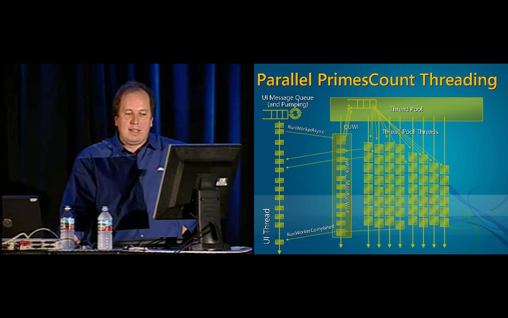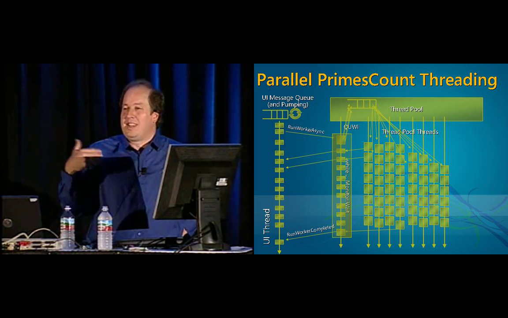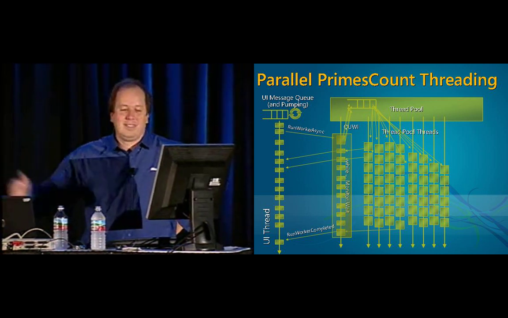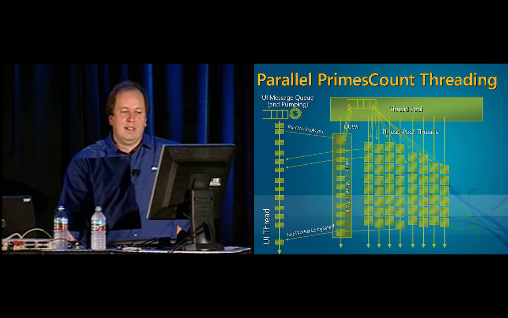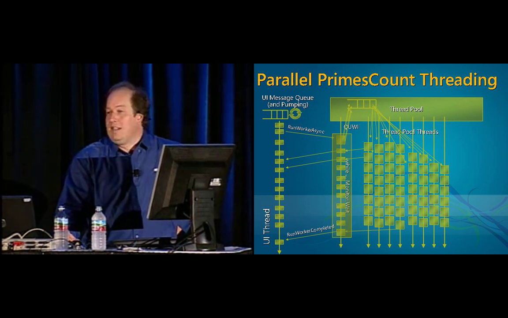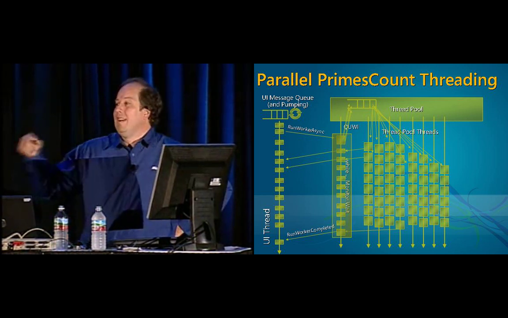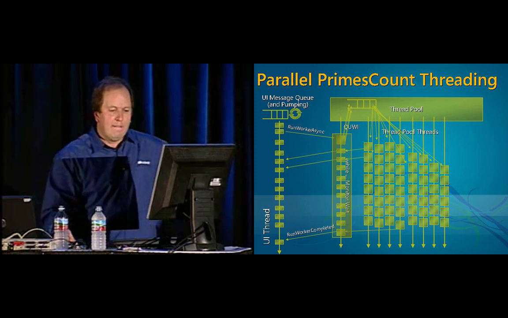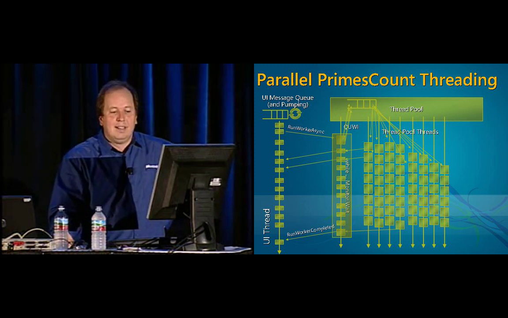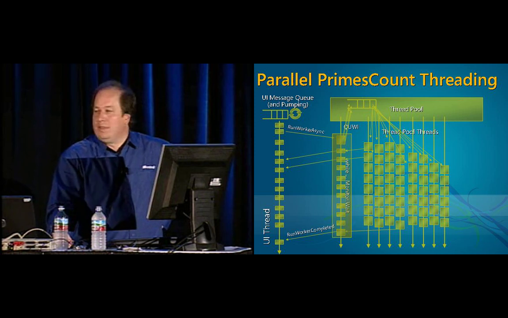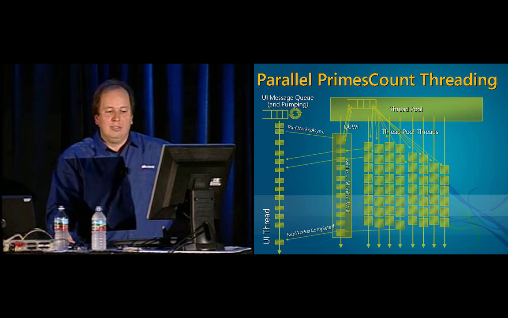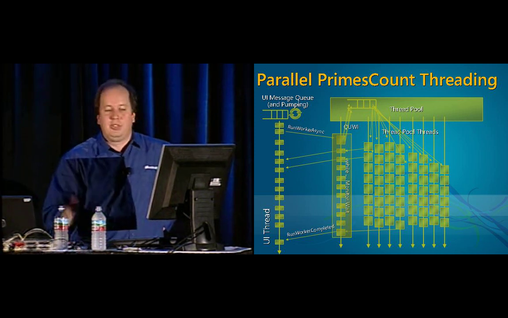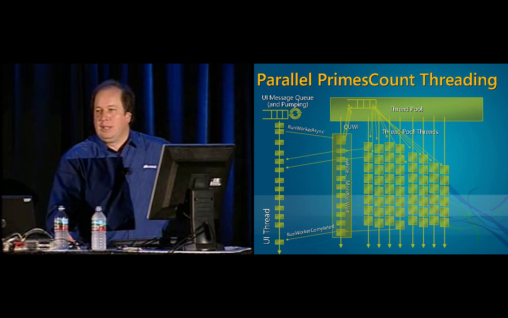Each time it does so, it also calls report progress, which has the effect of delivering a message and then an event here on the UI thread, updating that progress bar. Finally, the very last work item completes, the while loop exits, we post a result back, and we complete the computation there.